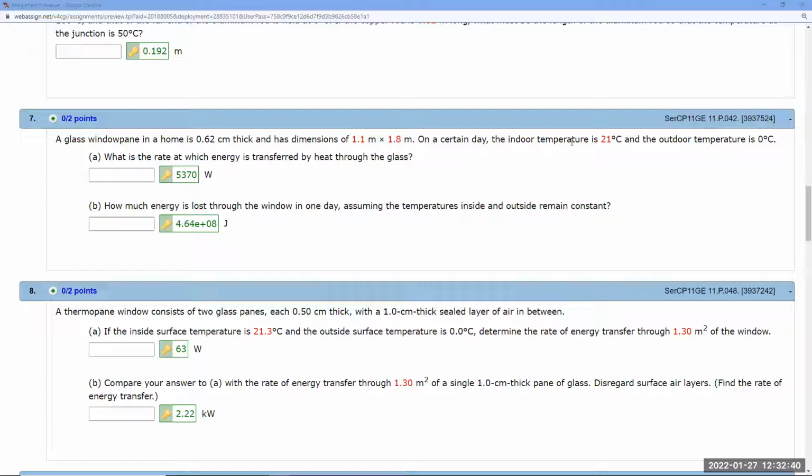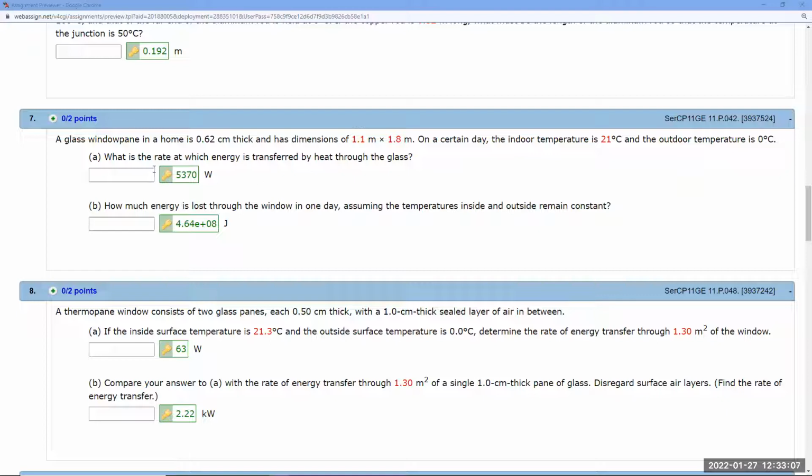Outside cold, inside hot, right? So the heat will get out from the inside into the outside. So there will be a temperature difference of 21 degrees C. Heat is getting out from the room to outside.